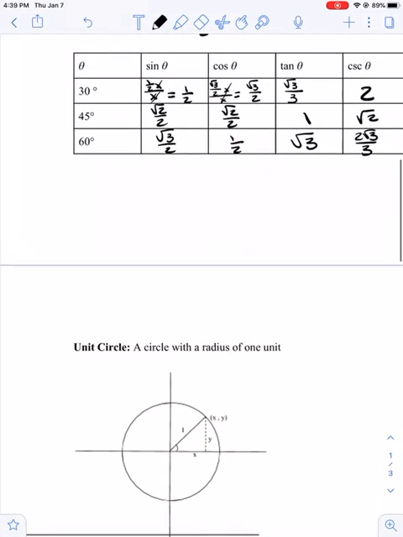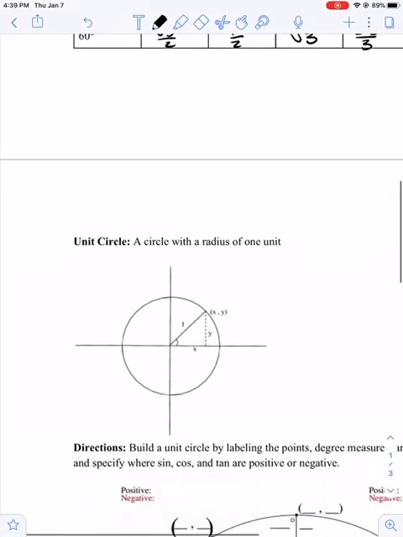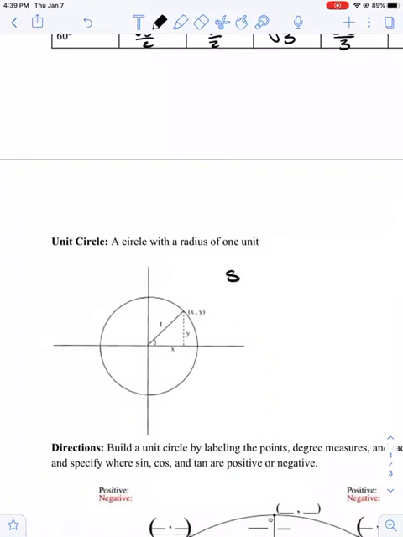All right. Next, we're going to look at the unit circle and a circle of the radius. So the radius on the unit circle is 1 unit. This is always for the unit circle. And if we are looking at this triangle that they gave us, and we're trying to find the sine of theta, so this is our theta here in that corner, the sine is opposite over hypotenuse.